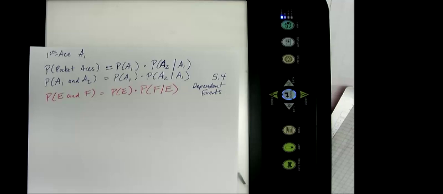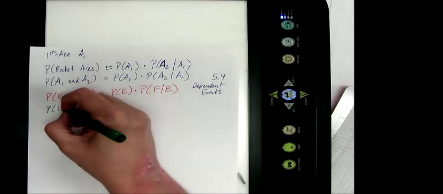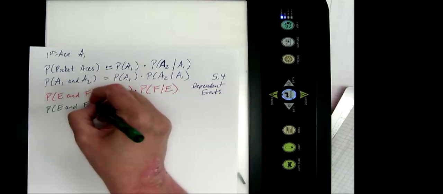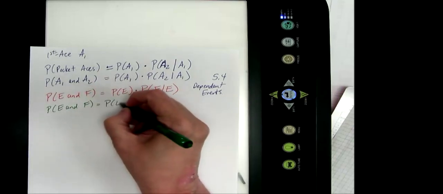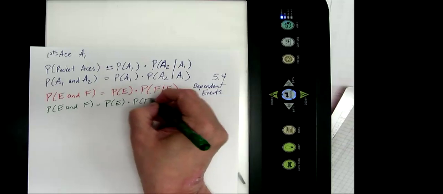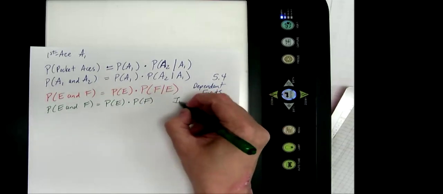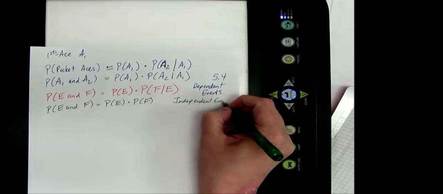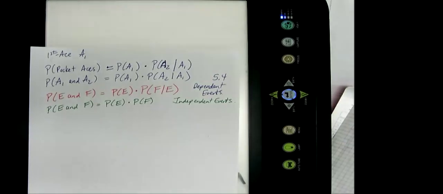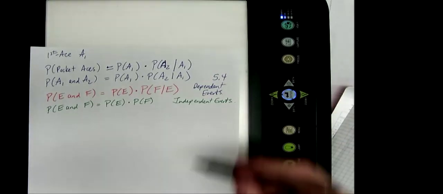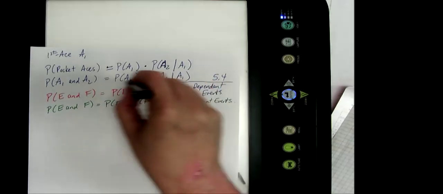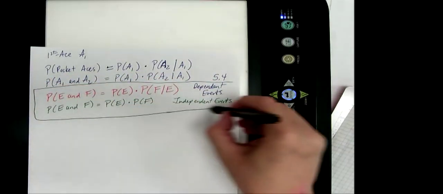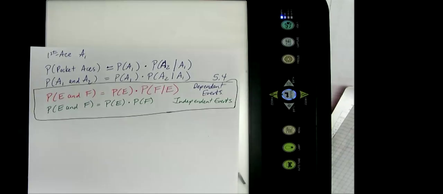We already had a probability of E and F with the independent group. When we had independent events, the probability of E and F equals the probability of E times the probability of F, for independent events. Those are the two important formulas to remember from 5.3 and 5.4.